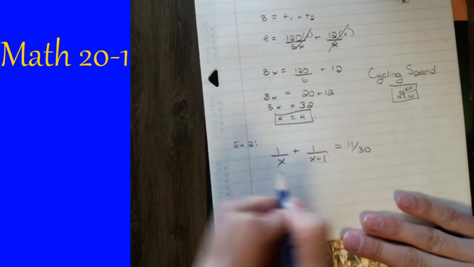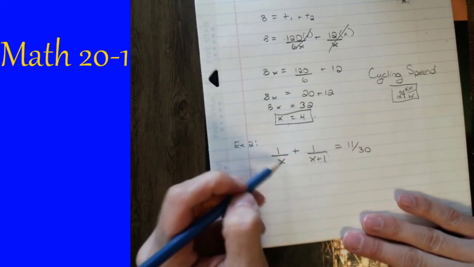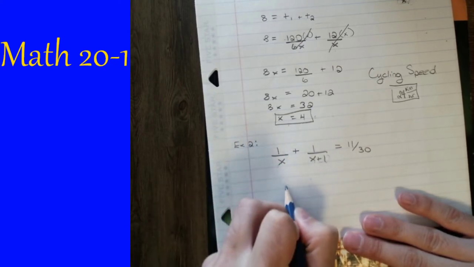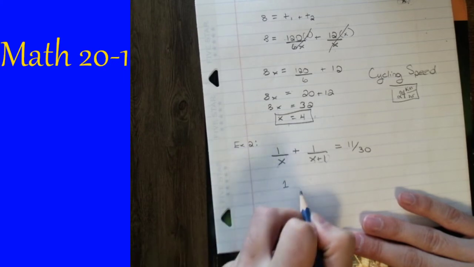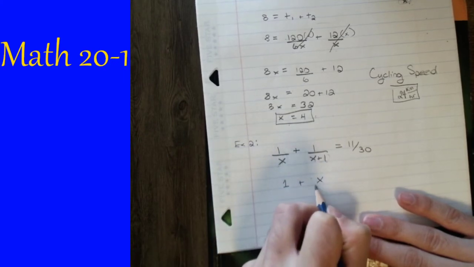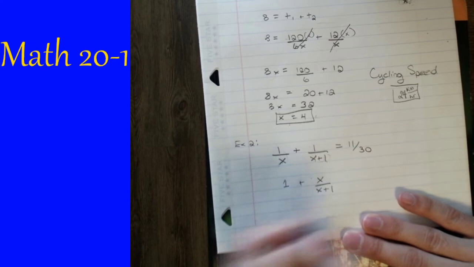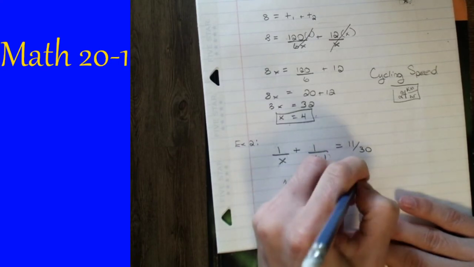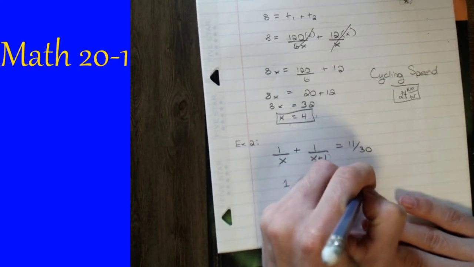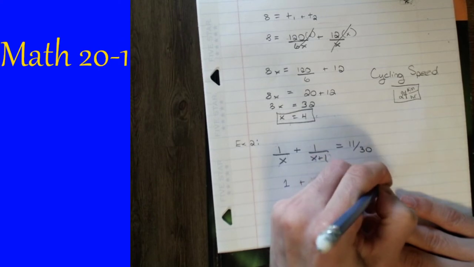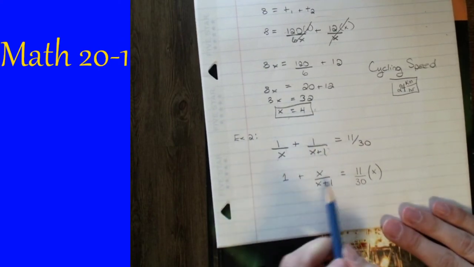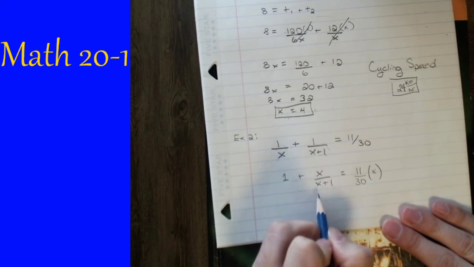So we'll do this one thing at a time. Let's multiply by x here. I'll just get 1 plus x over x plus 1 is equal to 11 over 30 multiplied by x. Now let's multiply by x plus 1.